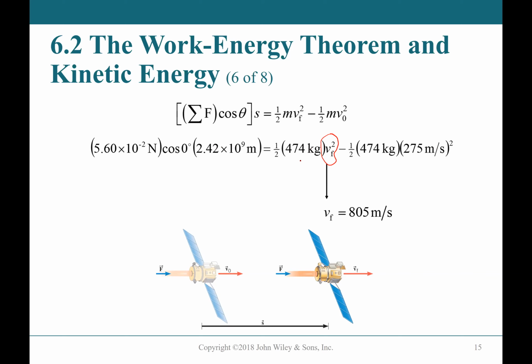Get the equation for V final squared first, and then you can solve it more easily, rather than having to carry all these numbers as you're trying to get this V final squared by itself. Now, apparently he must have averaged some numbers up before he finished. So he got 805, but we got close enough. I think our answer is probably more accurate. Okay, very good.